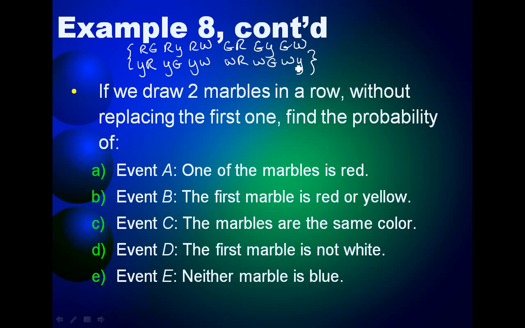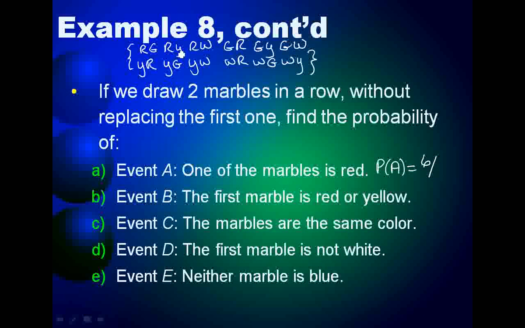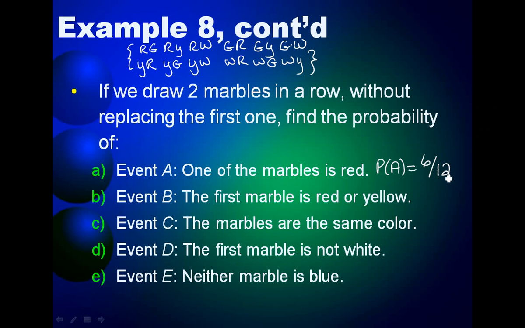Alright, so event A, we want to find the probability that one of the marbles is red. So we count 1, 2, 3, 4, 5, 6. So the probability of event A is 6 over 12 outcomes in the sample space.